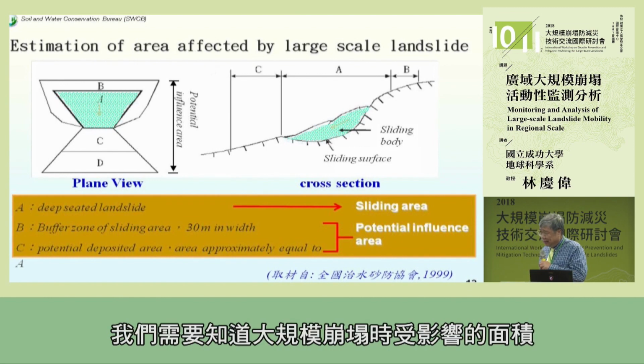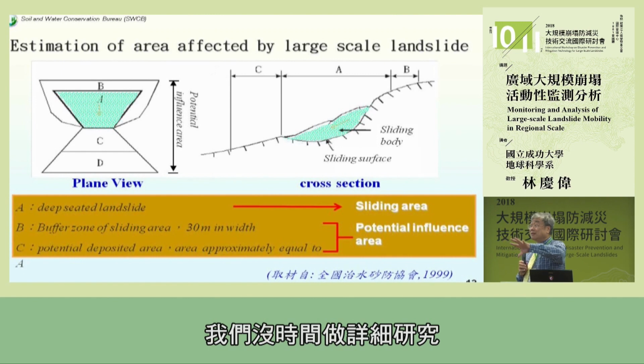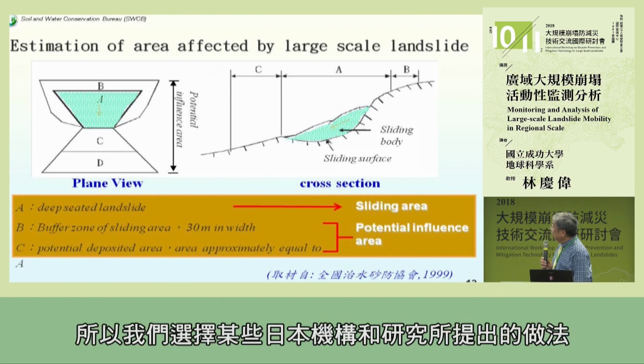We need to know the area influenced by a large-scale landslide if it fails. Within a short time, we need to use some empirical experience. We don't have time to make a detailed study. So we chose the Japanese approach, supported by some organized institute.